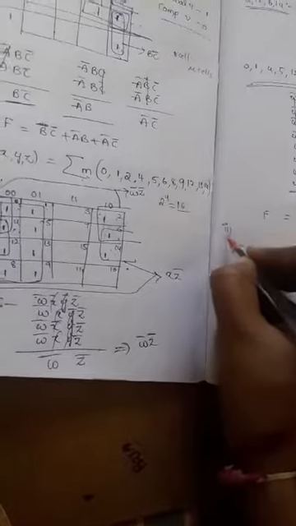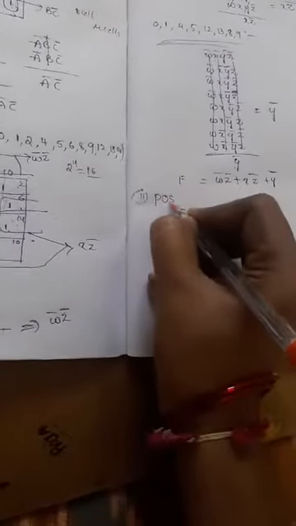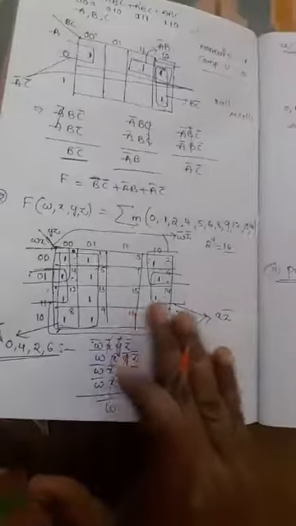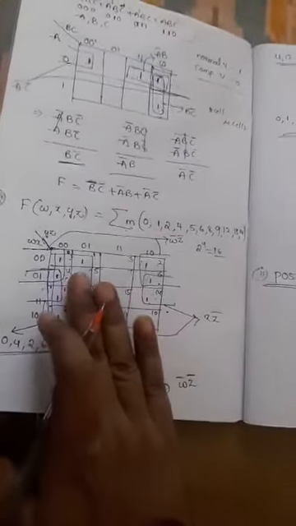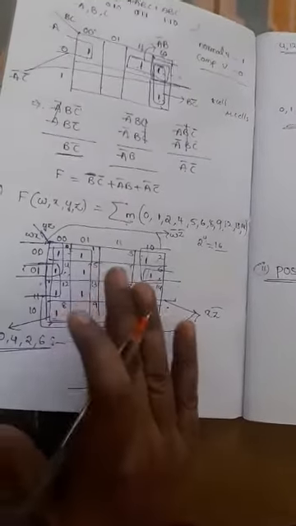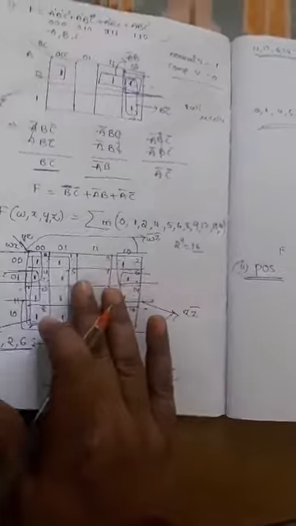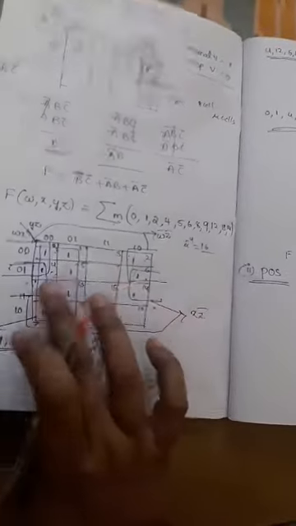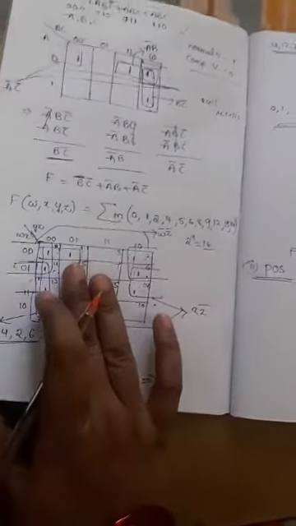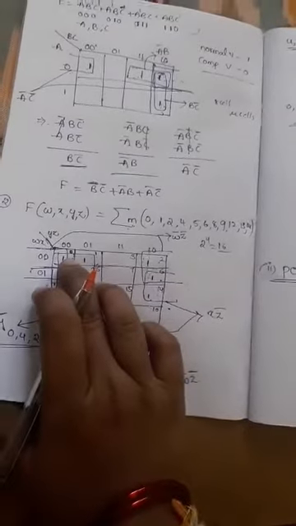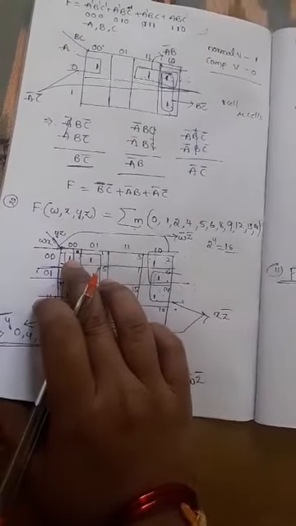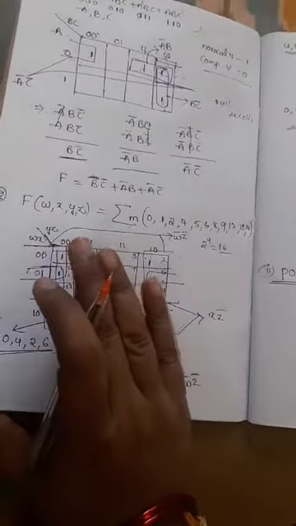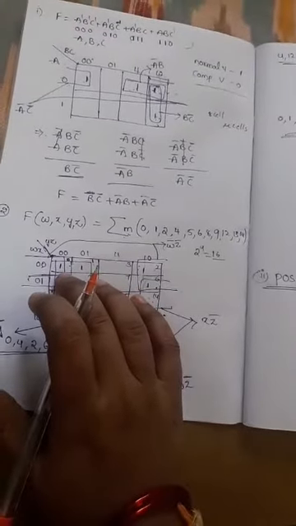In case, another possibility we are having, that is nothing but product of sum. Okay, the SOP rule is nothing but we are placing 1 in that min term cell. That means SOP formation is nothing but in the cells we are mentioning the min terms. Min terms are placed with only 1. That means groups may contain only ones.